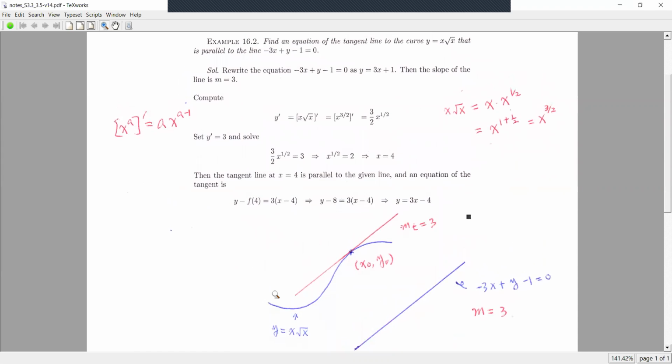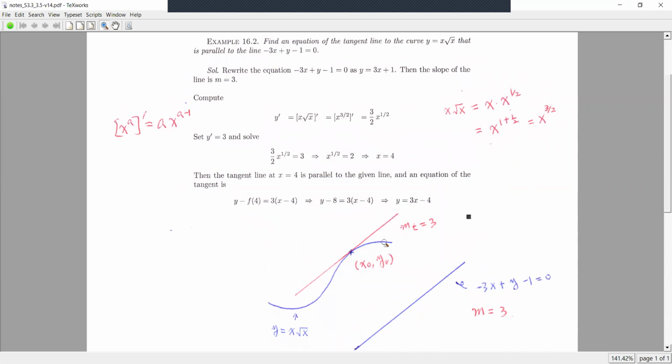arbitrarily draw a curve, and suppose this curve is the graph of this function. And draw a line, and suppose this line is the given line. This line, the slope is 3.